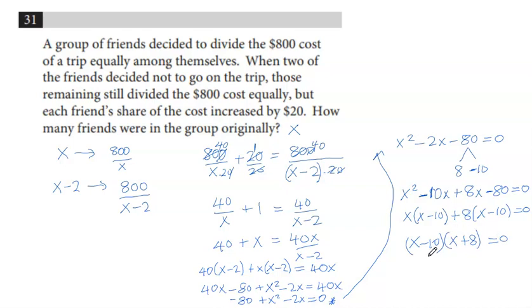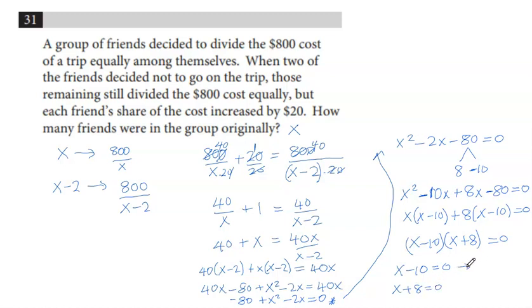Once we're here, because these two are multiplying to give us 0, it means either of them is equal to 0. So either this is 0 or that is 0, or both are 0. So using that analogy, we have x minus 10 is equal to 0, or x plus 8 is equal to 0.